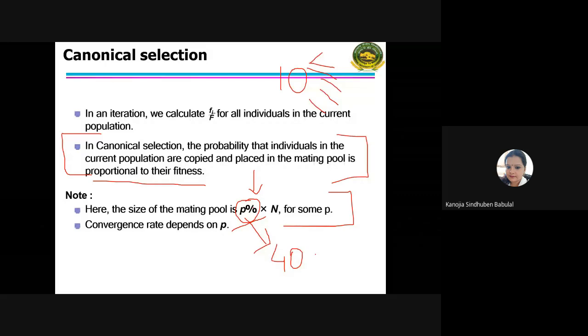If I select 80% from these 10, that means 8 individuals, then the results may not be optimal, because you have ultimately selected almost everyone for the next generation process. So that is the canonical selection method, one of the simplest selection methods.